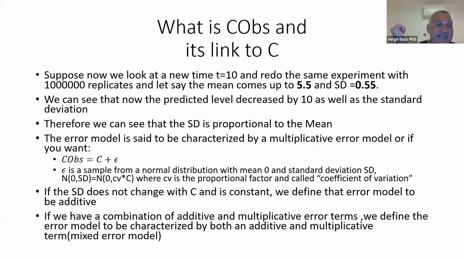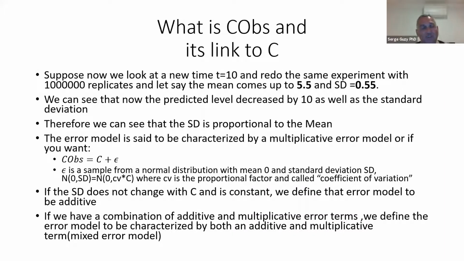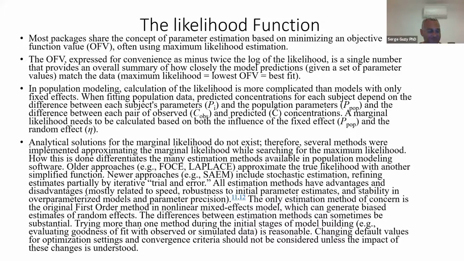When you have PD data that go, let's say, from 10 to 50, as an example, then most of the time you can assume that the variance of your observation doesn't change with the predicted response. In that case, it would be the PD response, and then you use an additive model.